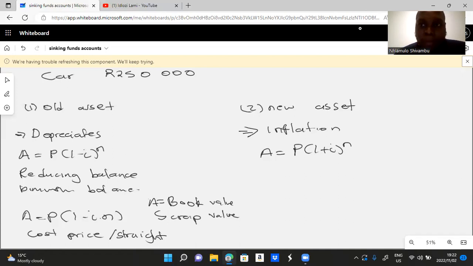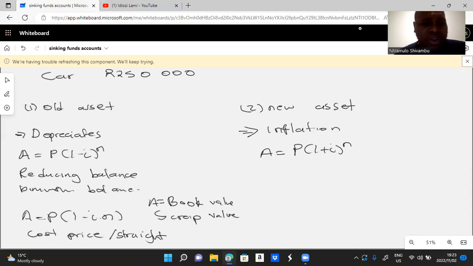So let's go back to the example that we had of a car that cost 250,000. If the company purchased this car at the price of 250,000, and they want to replace this car after 5 years, for example, it means that the company will need to pay more than 250,000 because the asset would already have increased in price because of what?